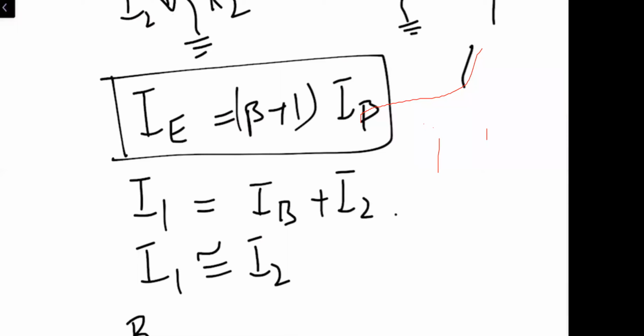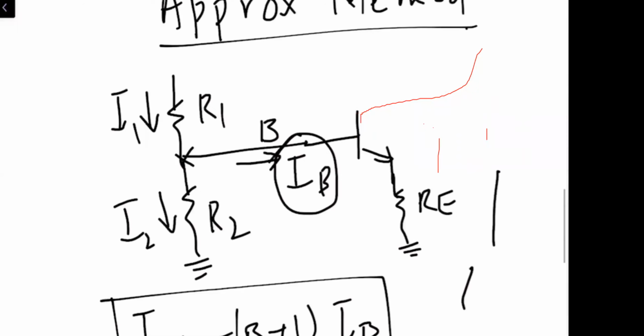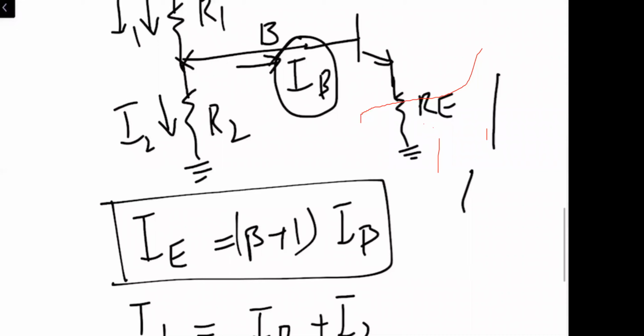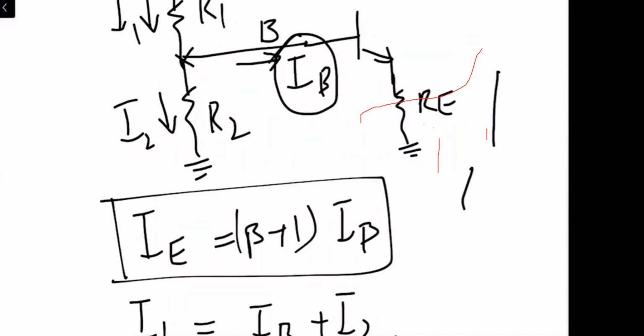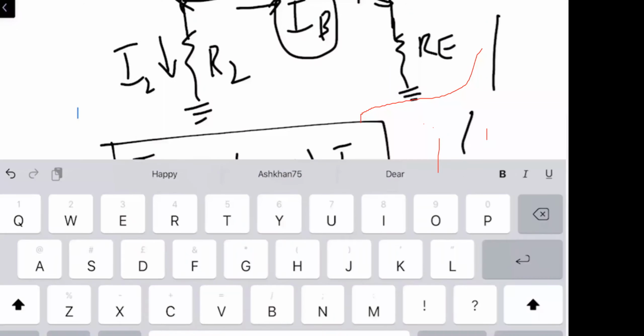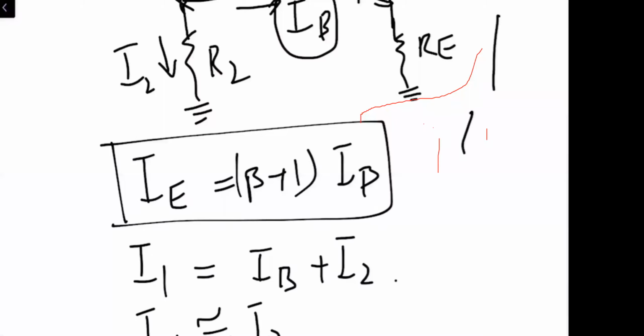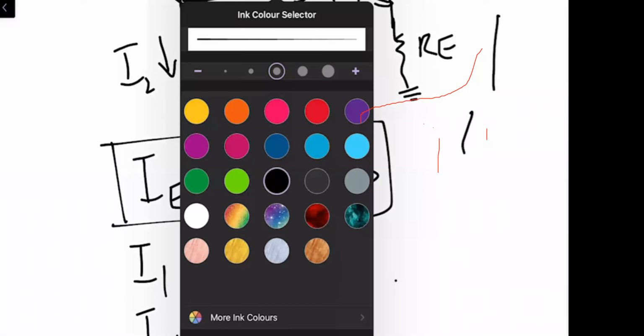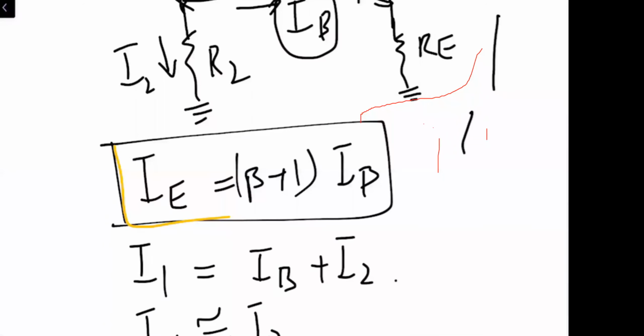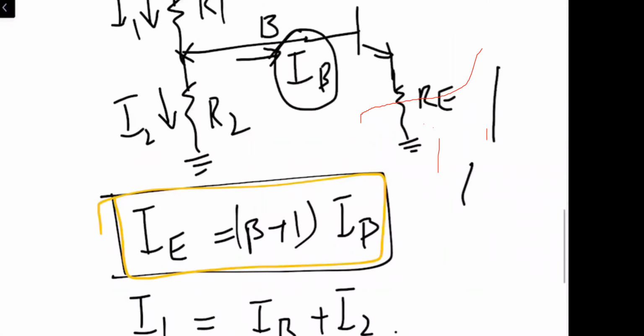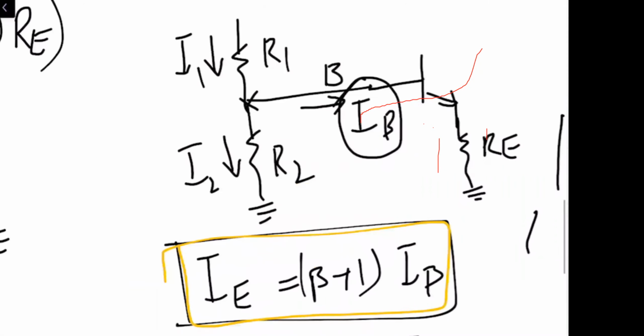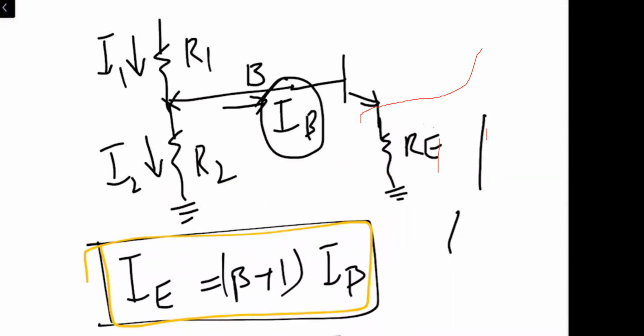As we know this equation, IE is basically beta times IB, right? And over here, the base current is flowing through the base-emitter junction.